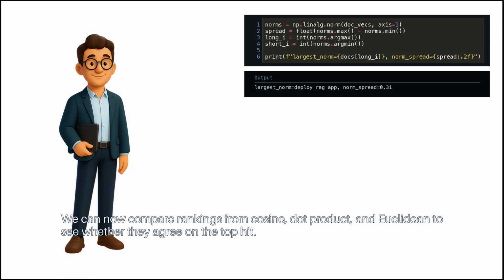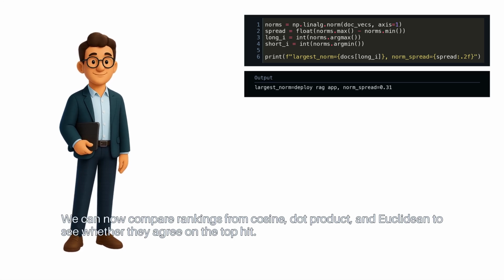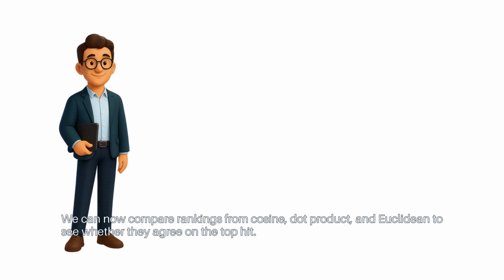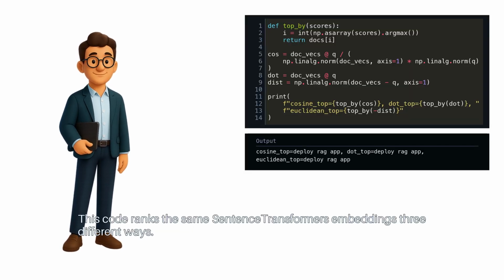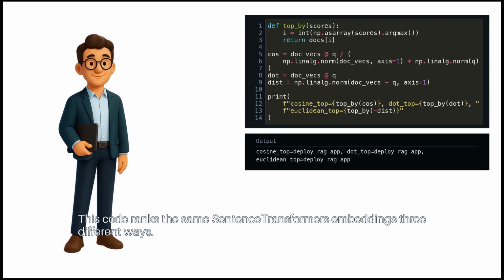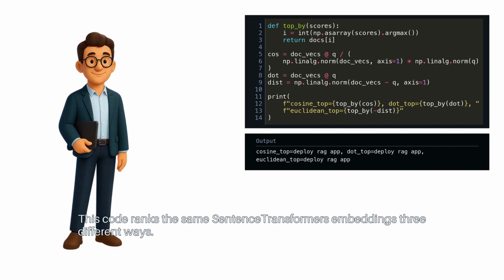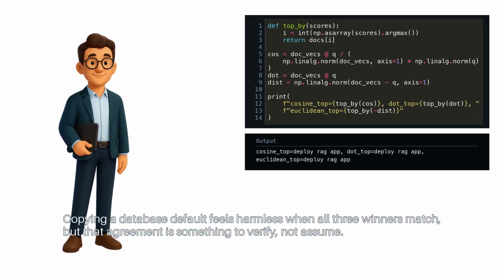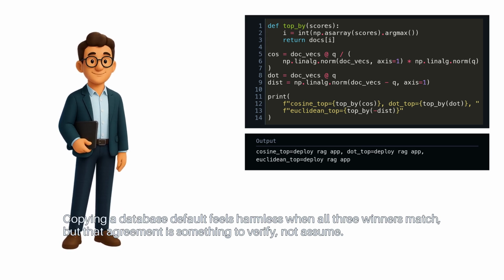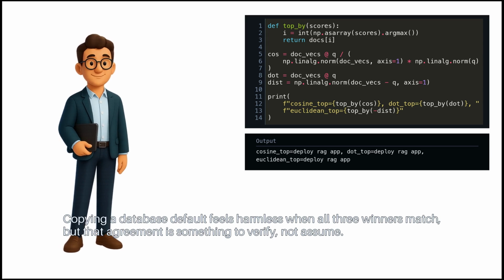We can now compare rankings from cosine, dot product, and Euclidean to see whether they agree on the top hit. This code ranks the same SentenceTransformers embeddings 3 different ways. Copying a database default feels harmless when all 3 winners match, but that agreement is something to verify, not assume.